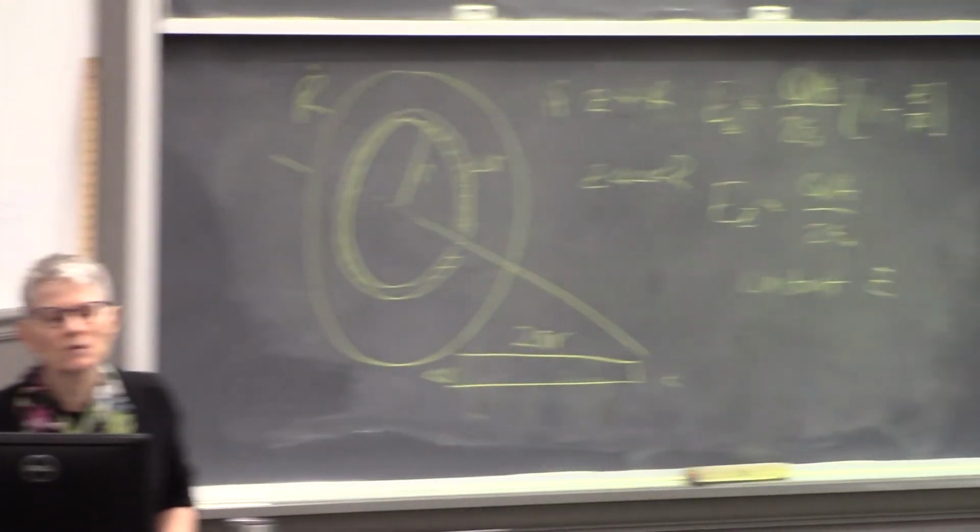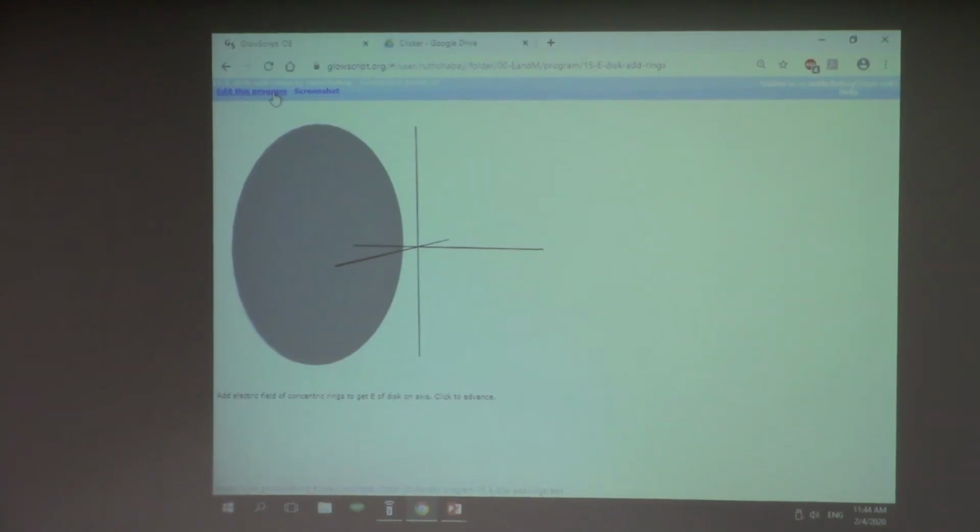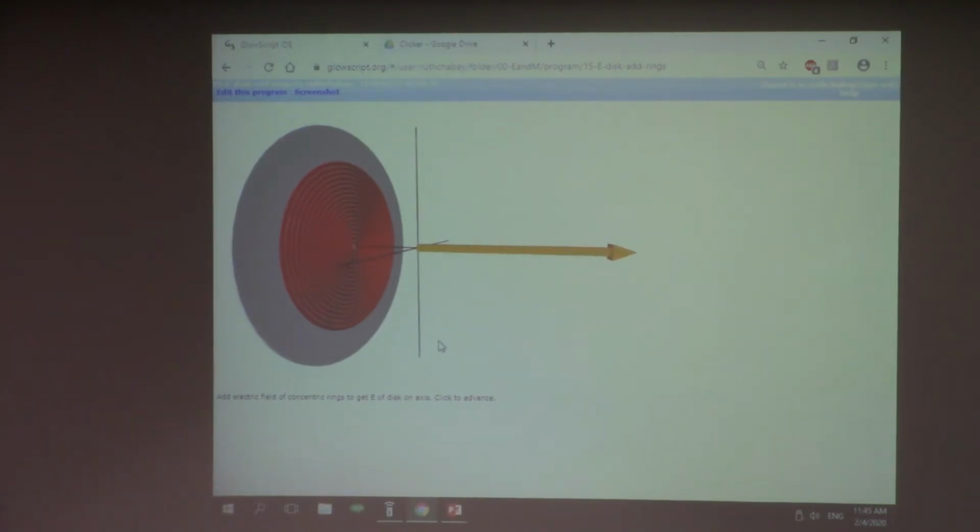So basically, here's what we did. We added up rings of increasing radius along the axis, and we got, not surprisingly, a field pointing along the axis.